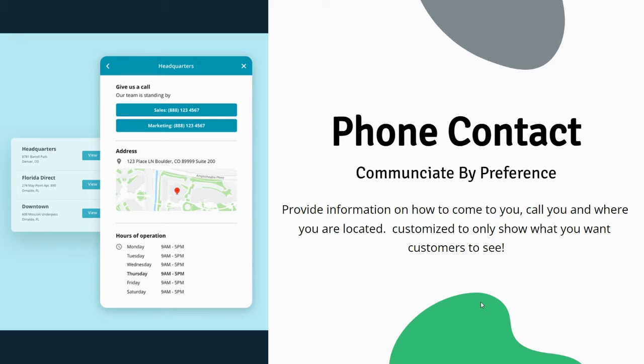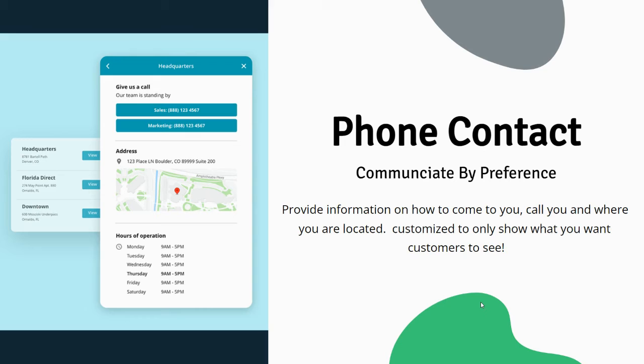And what I mean by that is that sometimes you want to keep it all together, but there are other times where maybe it's in a different physical location. So you might want to create a different section. If you see on the left-hand side, we mentioned headquarters, Florida Direct, and downtown. Those can be all different locations with kind of their own address and hours of operation.